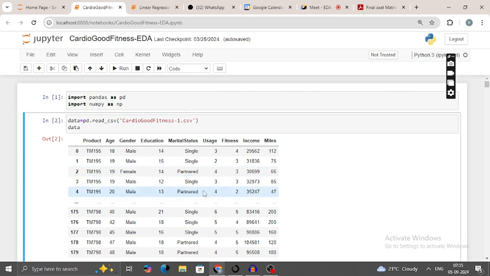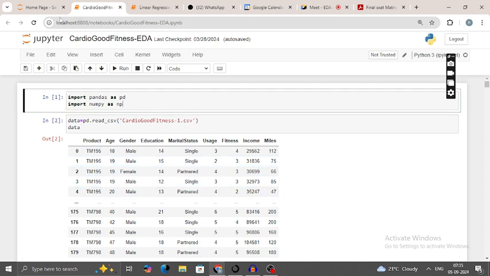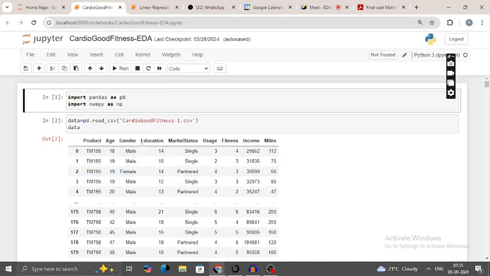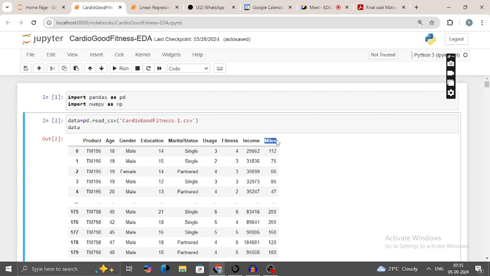So now, instead of that, I have given you some CSV files. Cardio good fitness, so some data with respect to cardio exercises, with respect to fitness level, and how many miles you are going to run to burn your calories.